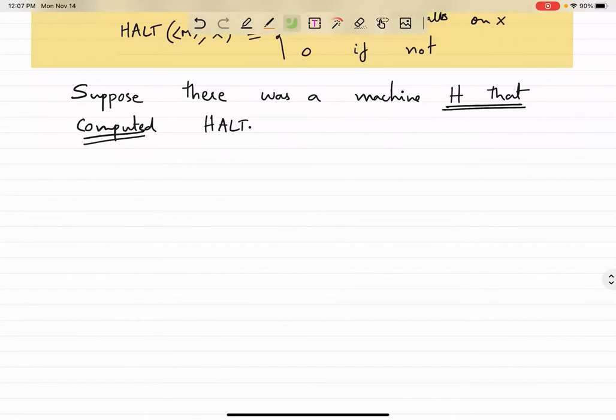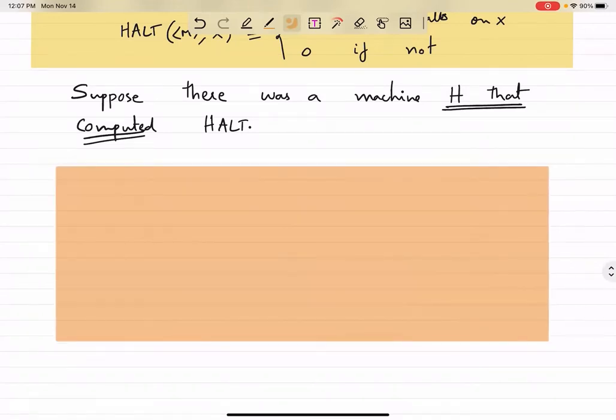I'm going to define a new function which does the following. It's going to be called can't solve me. It takes the description of a machine as input. Whatever input you give as a binary string, it's going to interpret as the description of a Turing machine. Basically, you're giving it the source code of some program, and it's going to do something based on that.